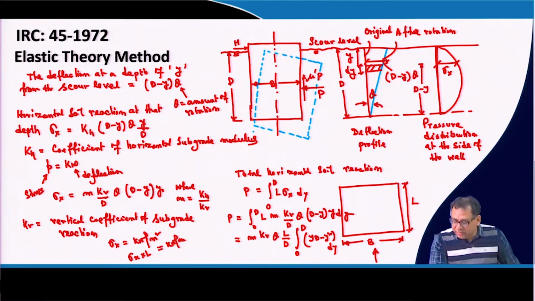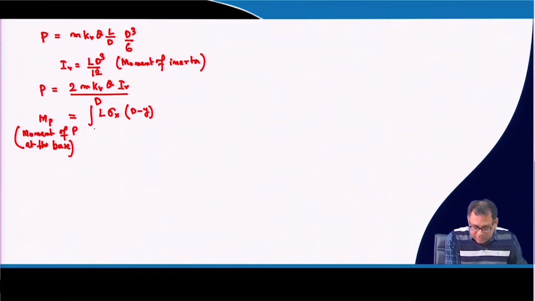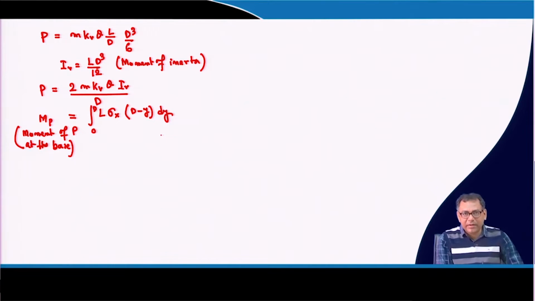Because of this small segment, the moment that will develop is the force into the lever-arm d minus y, and that we have to integrate from 0 to d, with dy.